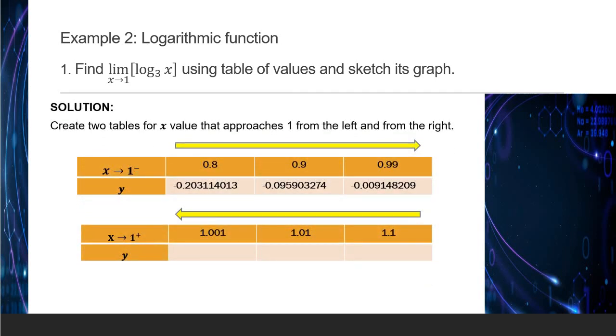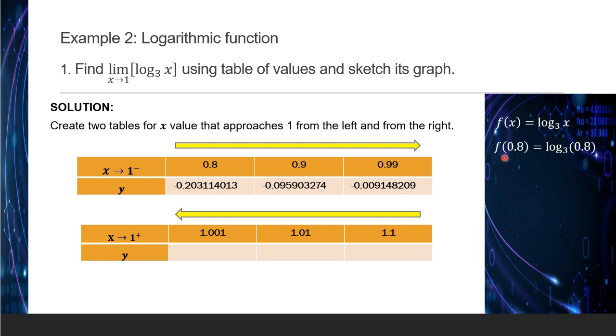Okay, let us solve now the values of y if x approaches 1 from the left. So we have here now the values of y. But how will you get this? Our given function here is f of x is equal to logarithm of x to the base 3. Let us solve y if x is 0.8.